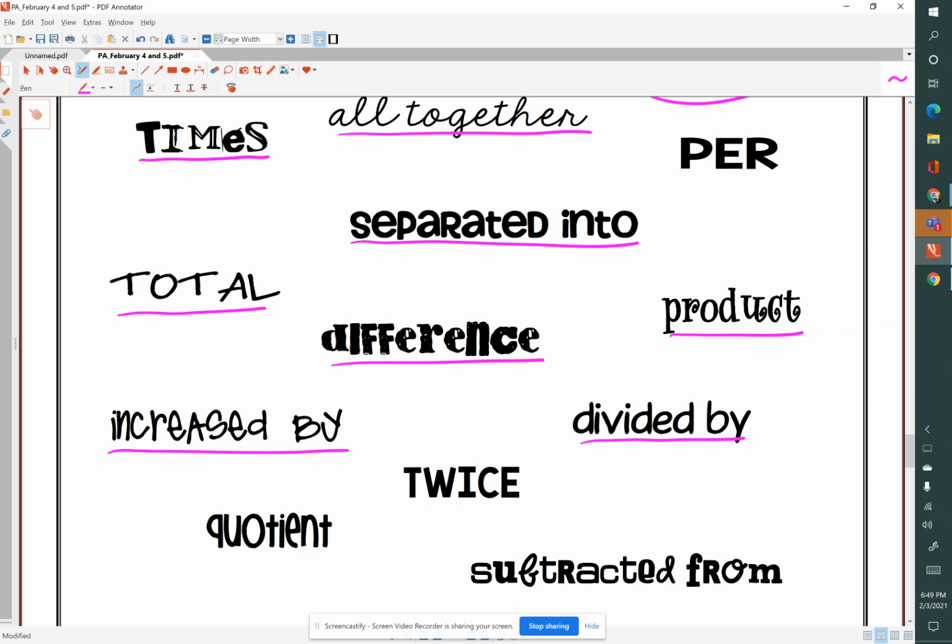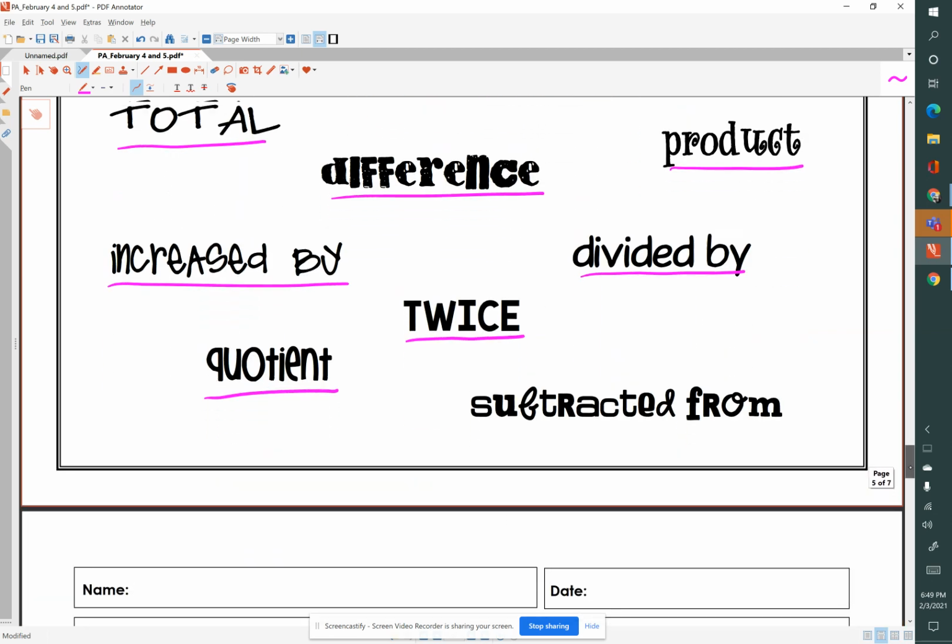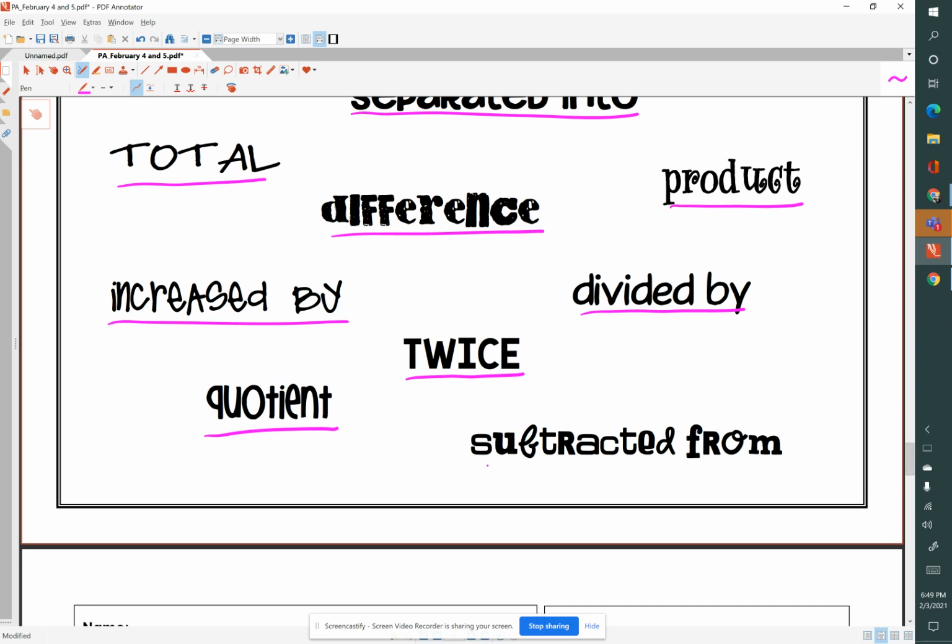Increased by could be addition or multiplication. Quotient is the answer we get when we divide. Per is a word we use when we divide something into groups and each group is the same size. Twice is a word we use when we double something. And subtracted from is another important turnaround phrase, and we'll be talking about those.